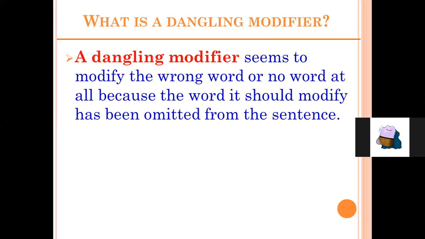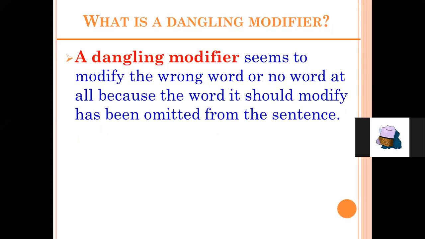If it modifies the wrong word, it seems it's similar to the misplaced modifier. But mostly when we talk about a dangling modifier, it modifies no word in the sentence. I mean, the word or phrase doesn't modify any other word in the sentence. It comes, but it doesn't modify. It functions as a modifier.